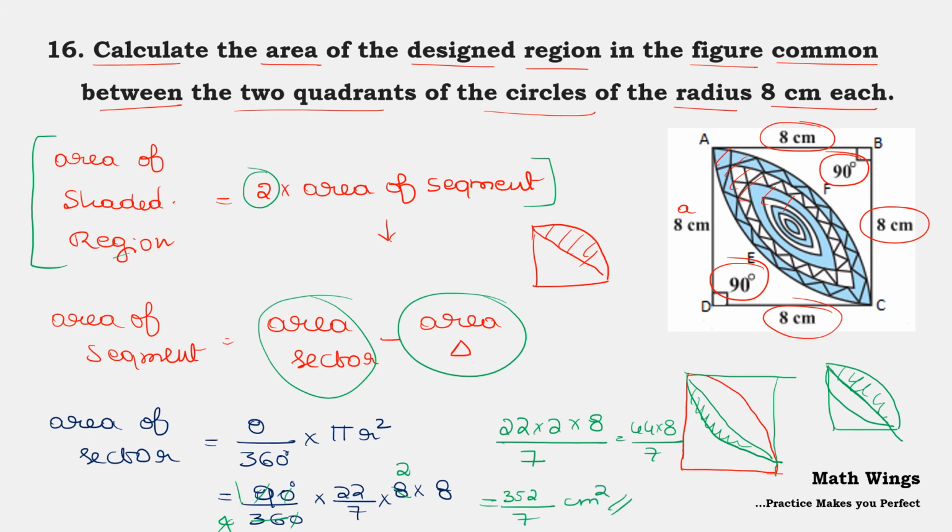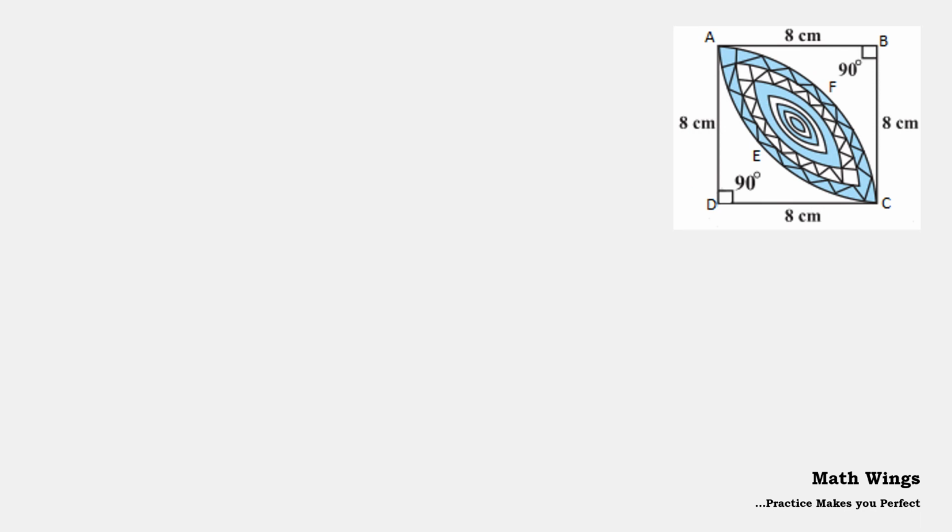So I can write the area of the sector is equal to 352 divided by 7 centimeter square. Correct? Next, we can find the area of the triangle.